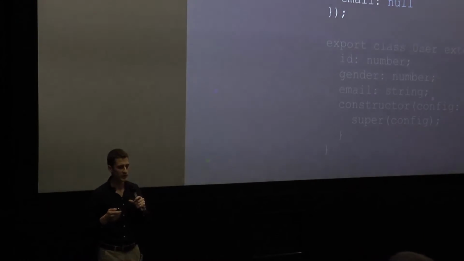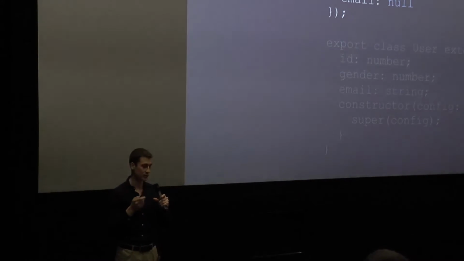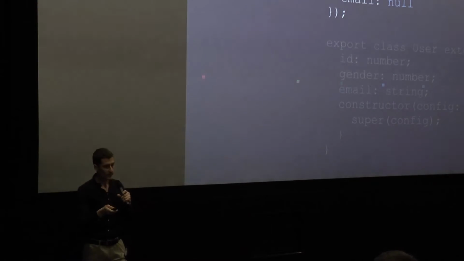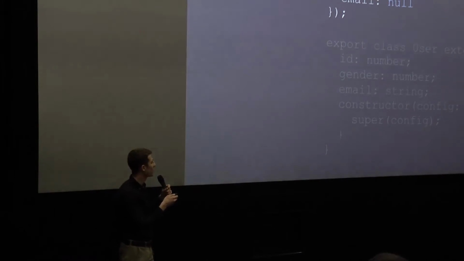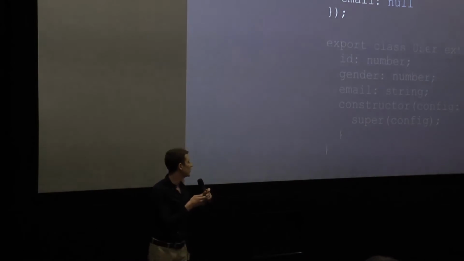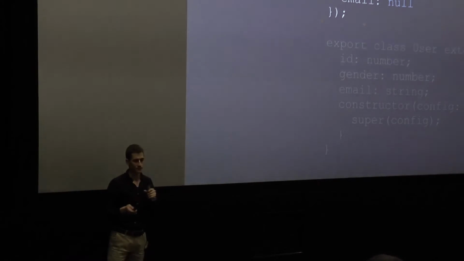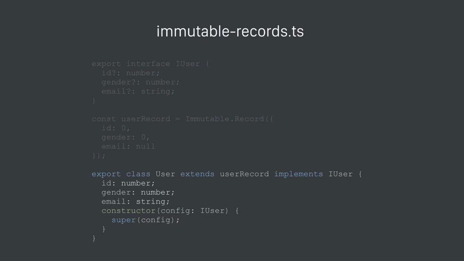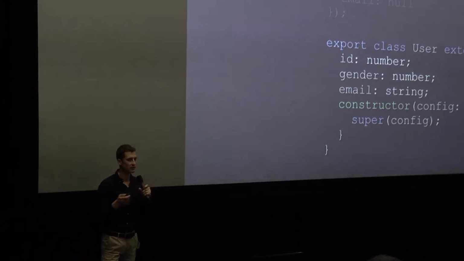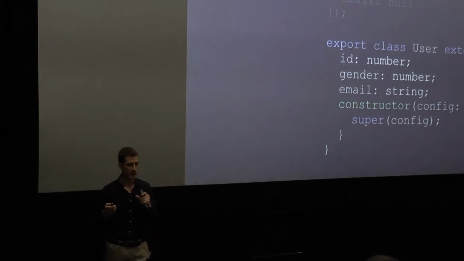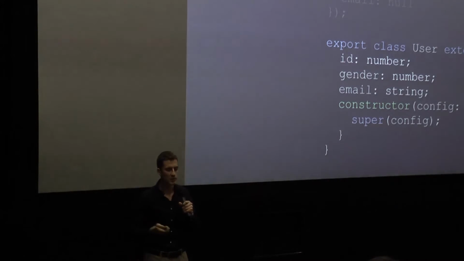And once we create an object using this constructor function, the object literal that we have passed to record is going to be used for the default values. Basically, since this is a constructor function, we can just use it inside of our user class, and we can extend it. So our user class defines the API of the user. It defines that the user has ID, has gender and has also an email address.